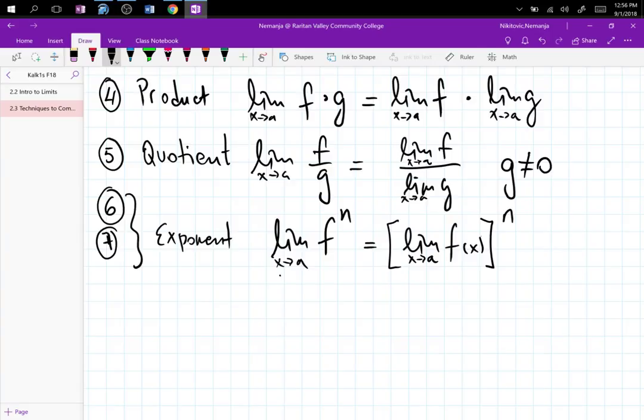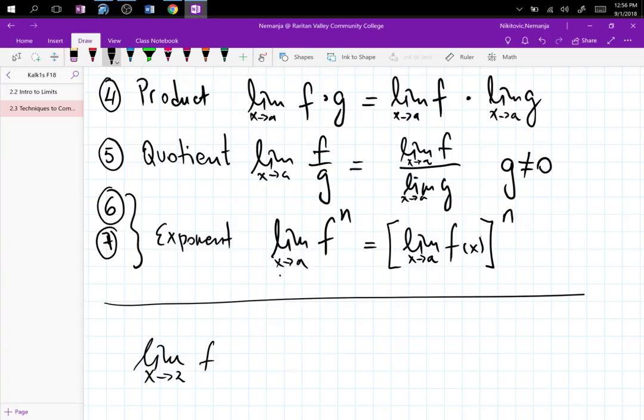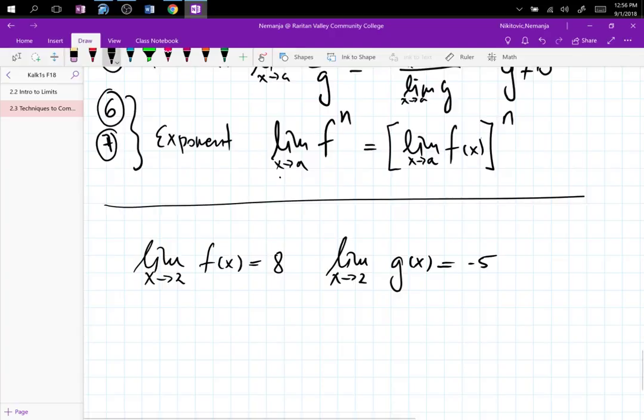You can solve cute problems with this, and you'll have a whole bunch of these in homework. When it says, you know, limit as x goes to 2 of f of x is 8. Limit as x goes to 2 of g of x is negative 5. Limit as x goes to 2 of h of x is equal to 1.